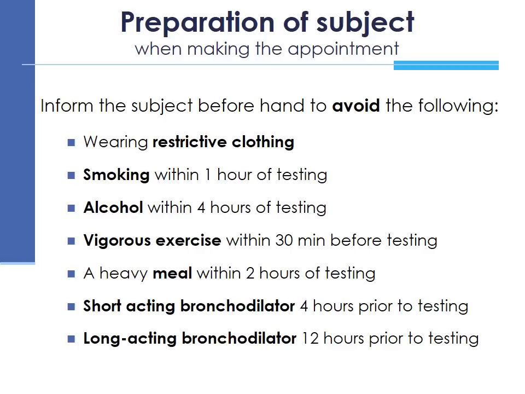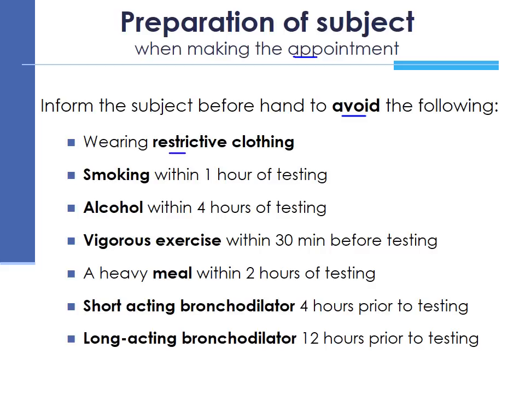When a patient has been informed that they need to go for a lung function test, it's very important that they are informed before going for the test. In other words, whilst they're making their appointment, a few things need to be avoided. They need to avoid wearing restrictive clothing.